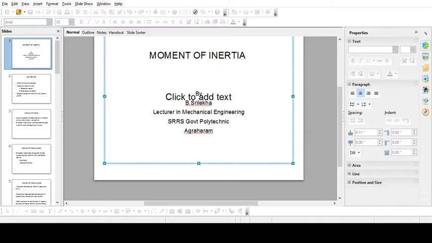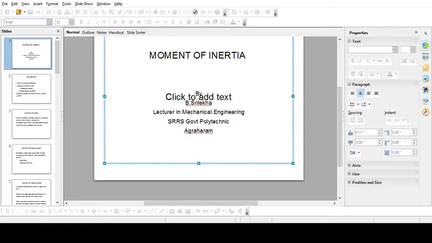Okay, now this y into delta A will give the first moment of area about the x axis. Now x into delta A will give the first moment about the y axis, and y square into delta A will give the second moment of area about the x axis.